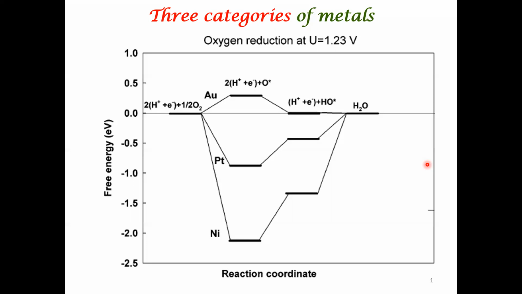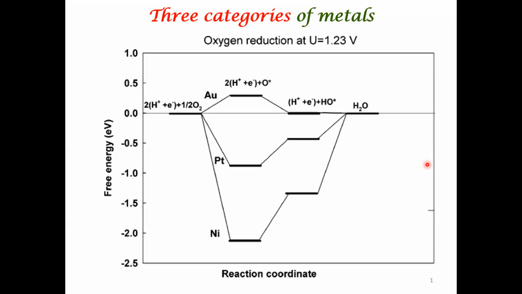So in the previous two lectures, we talked about how you get the energetics on a particular system, platinum. Likewise, we use the same procedure to obtain the energetics on three different materials, and we will see why platinum is the best amongst these three.